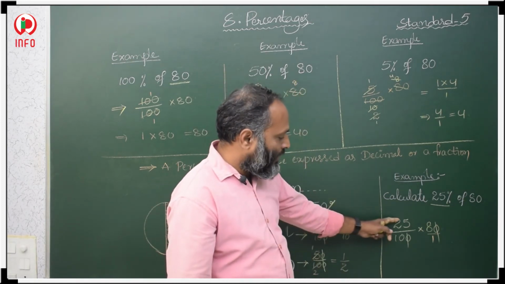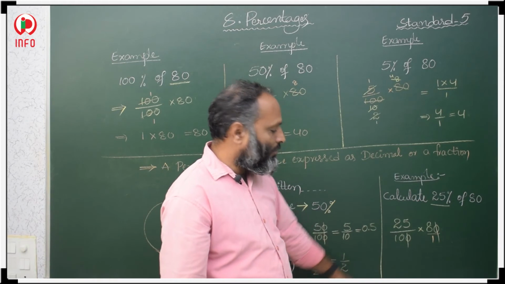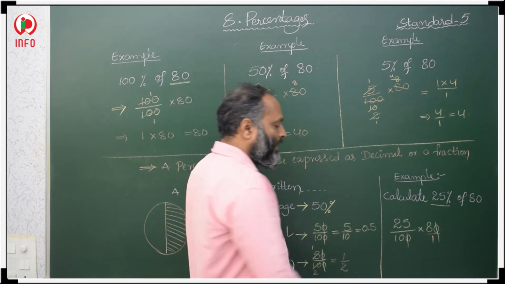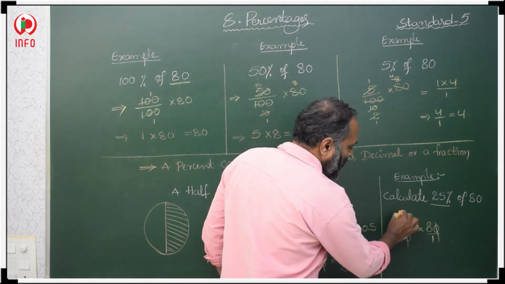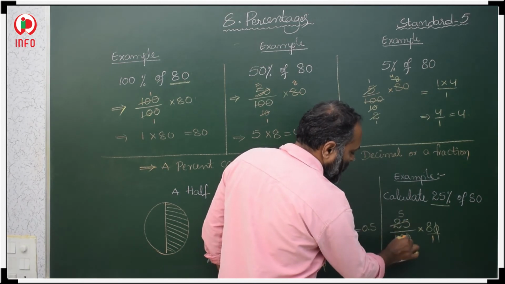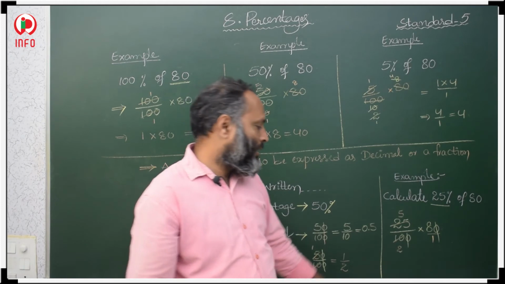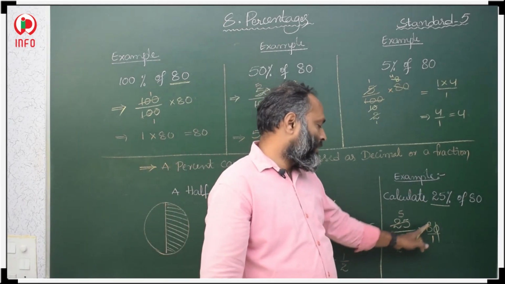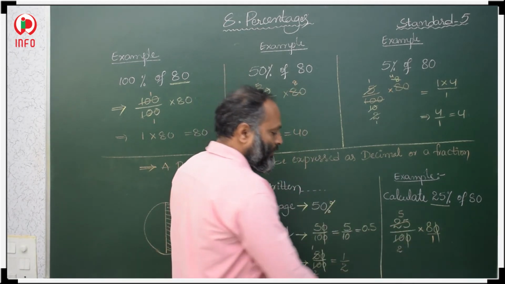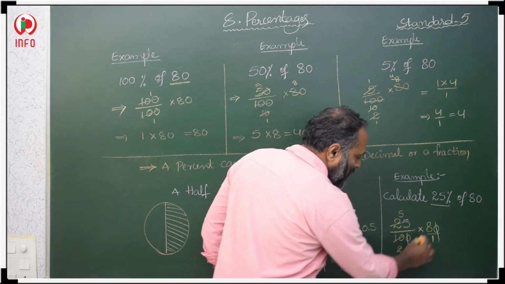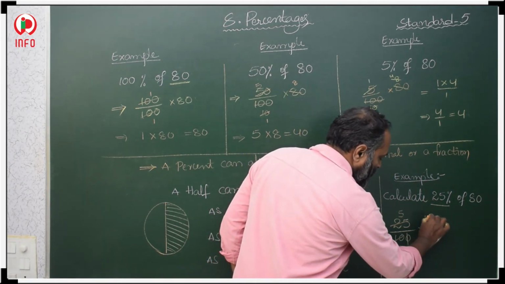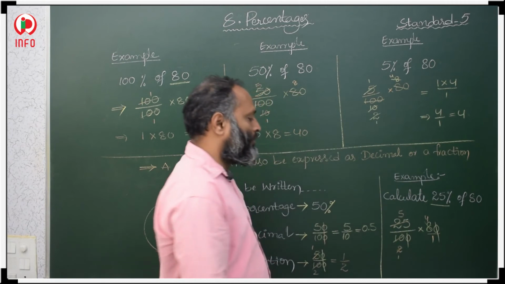Then after that this numerator and this denominator have common factor 5. Then cancel with 5. 5 5s are 25, 5 2s are 10. Then after that this denominator and this numerator have common factor 2. 2 1s are 2, 2 4s are 8.